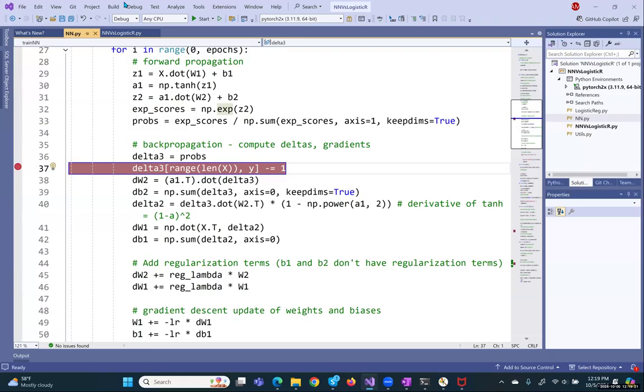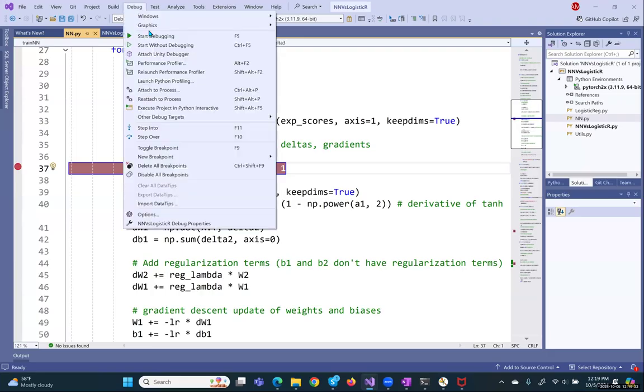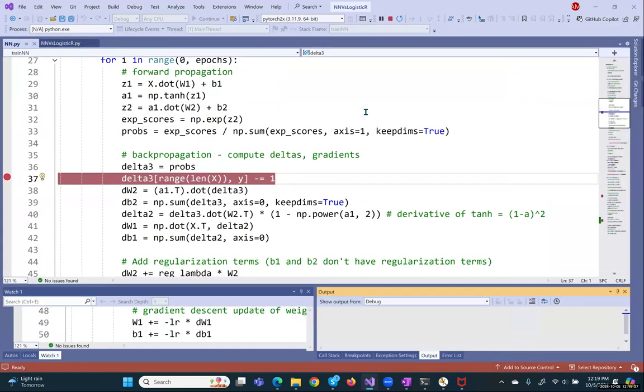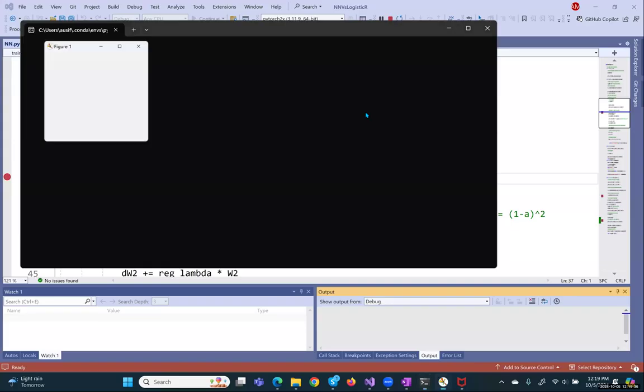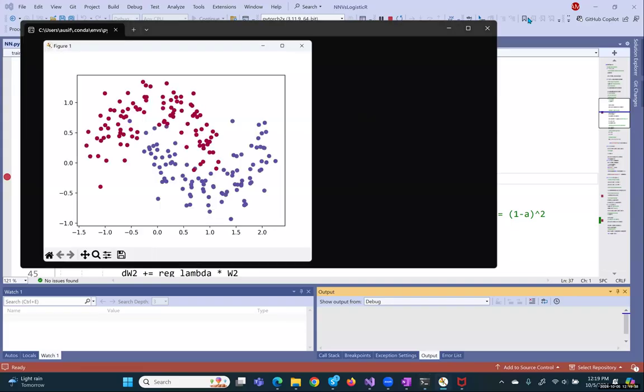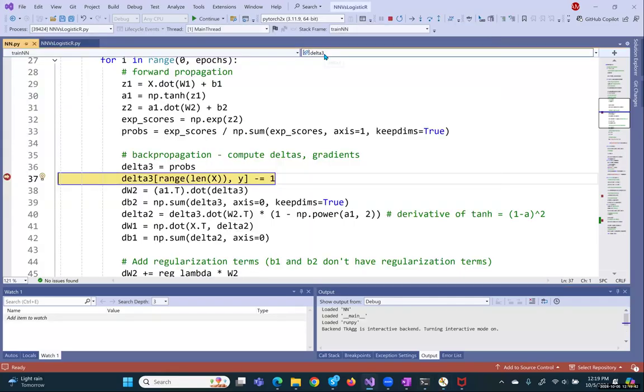Then you go through debug and start debugging, not start without debugging. So we'll run up to that and stop. First it shows me the 200 points of the data. As I exit out, the program will continue. Once it turns yellow, that means it has stopped.